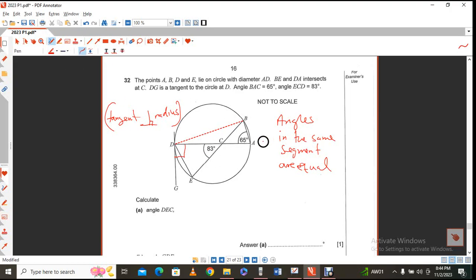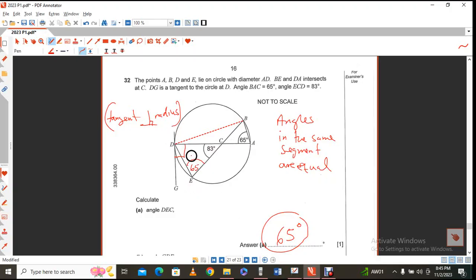And what do we mean by angles in the same segment? 65 is in this segment on the other side of that chord BD. Then this angle over here would also be 65 because they are in the same segment. Okay, so angle DEC is 65 degrees. Angles in the same segment.